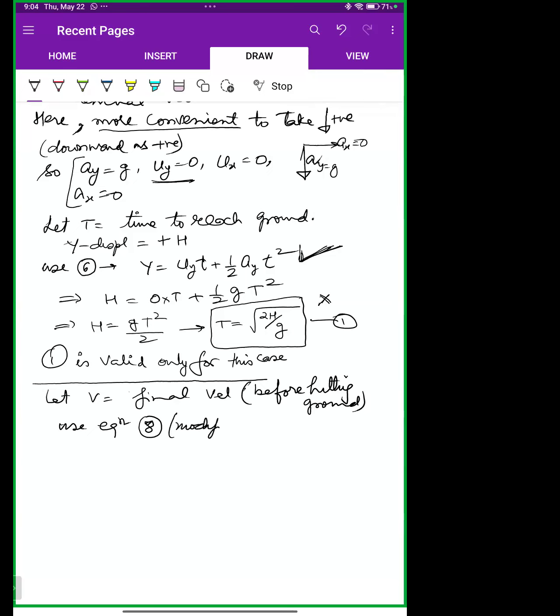What is that modified? v square is equal to u square plus 2gh, because minus g is replaced by plus g. Okay, that makes v square is equal to u square plus 2gh. It is the same, no modification.